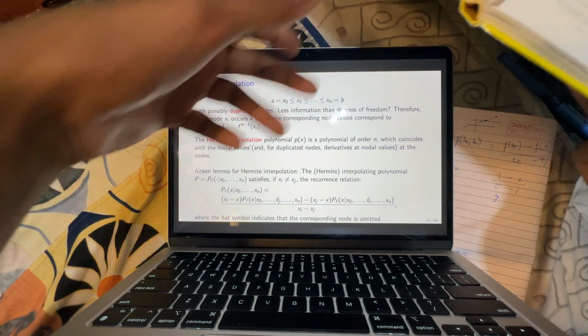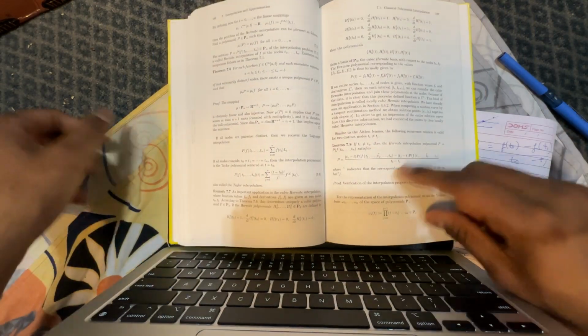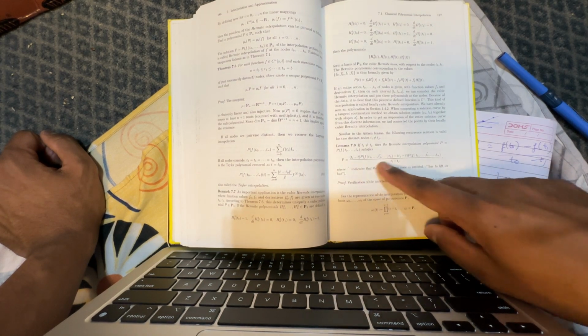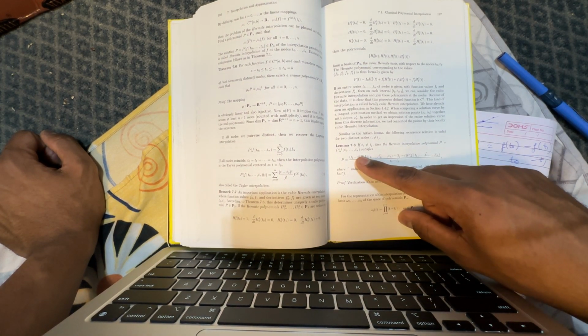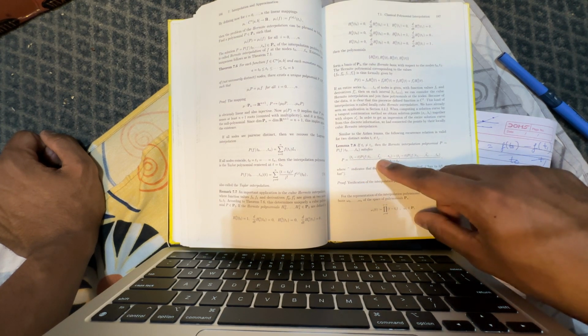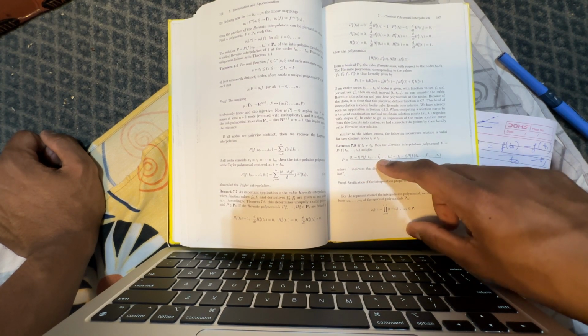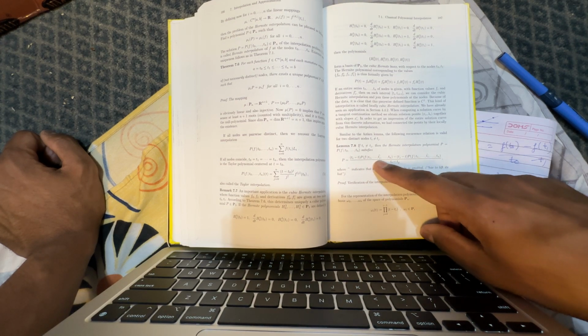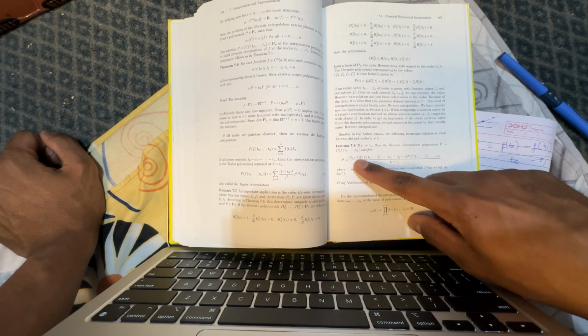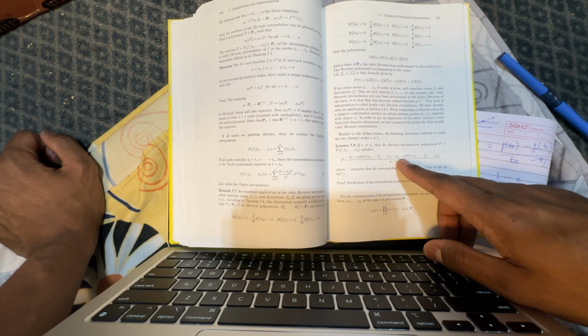Even in Teufelsdorf, the definition is the same. At t equals tj, this polynomial is some non-zero value, this is some 0 value.